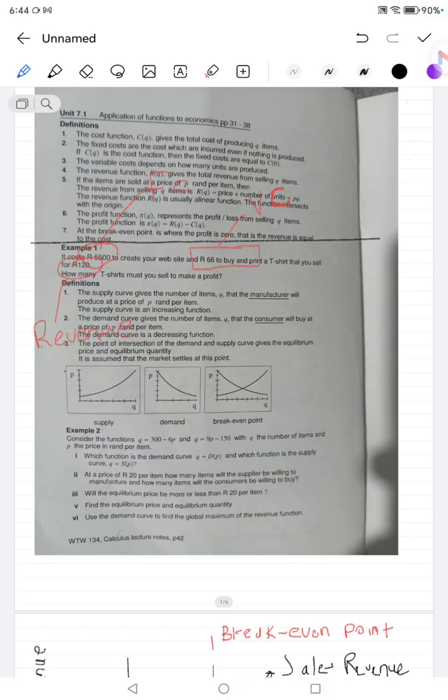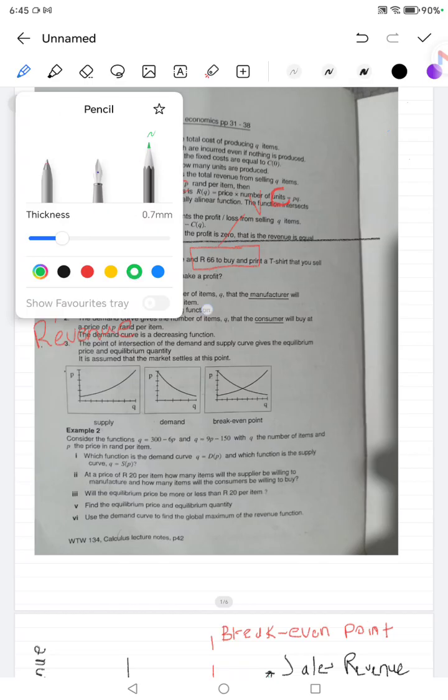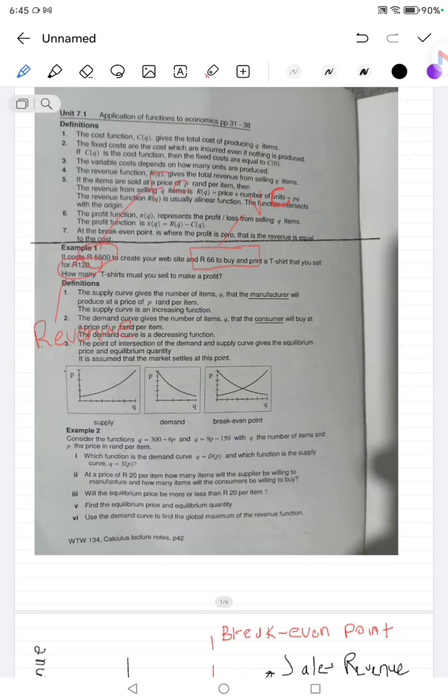Now they're asking, how many t-shirts must you sell to make a profit? Then, what's the formula for profit? The formula for profit is your revenue minus your cost, which is written with a pi sign.